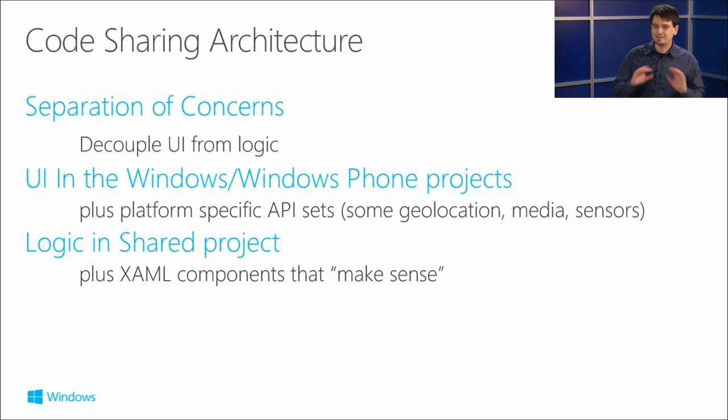So in a very simple, general way, the UI will live in our Windows and Windows Phone projects. This isn't every single UI, and this isn't all the time. But generally speaking, our Windows app is going to have a different UI than our Windows Phone app. So it makes sense to have the XAML pages for Windows in the Windows project, and the XAML pages for the phone in the phone project.